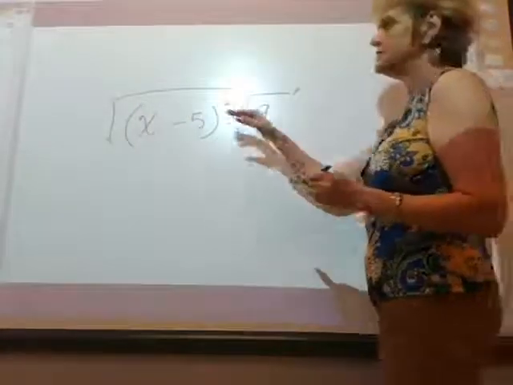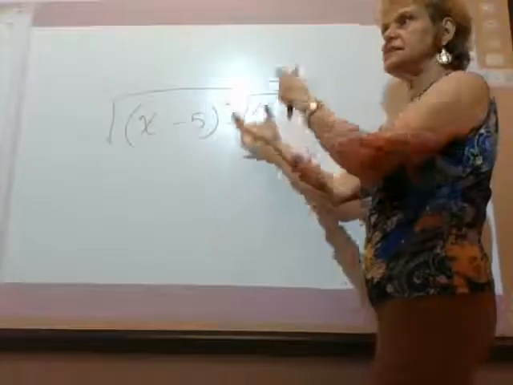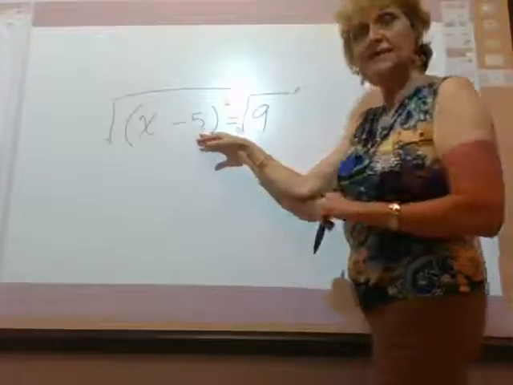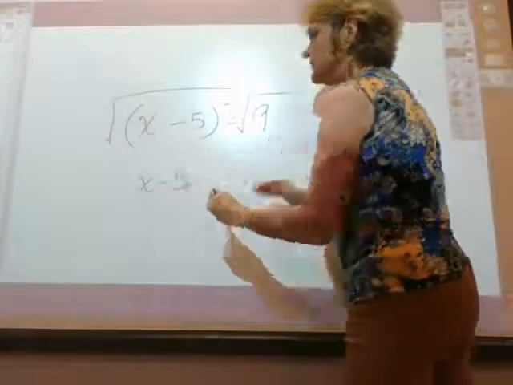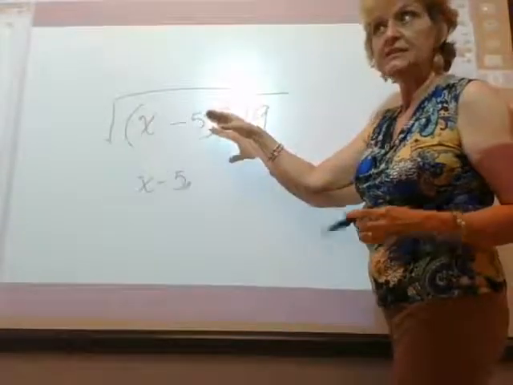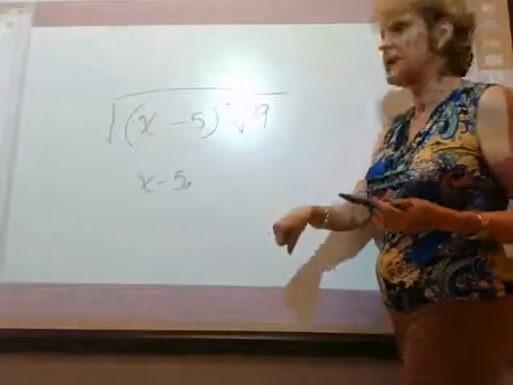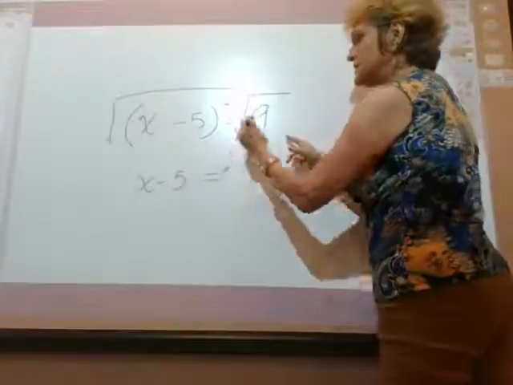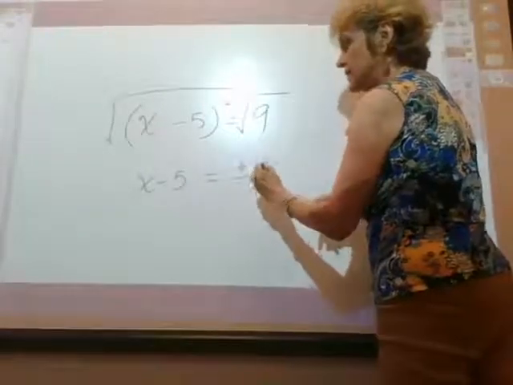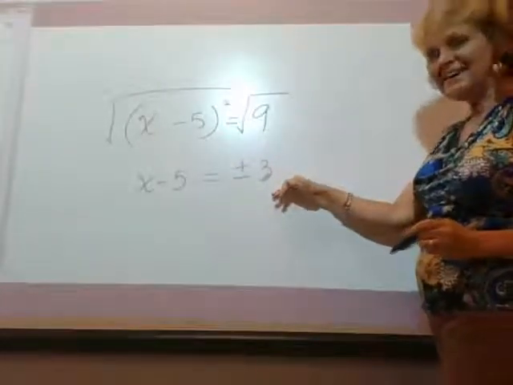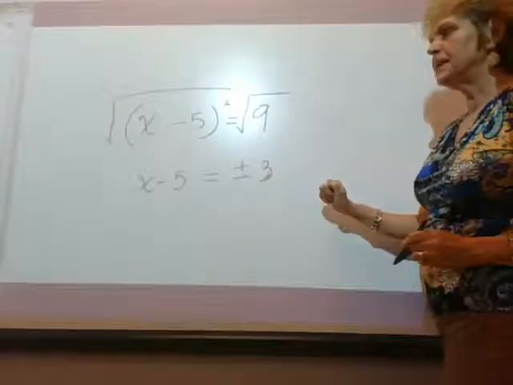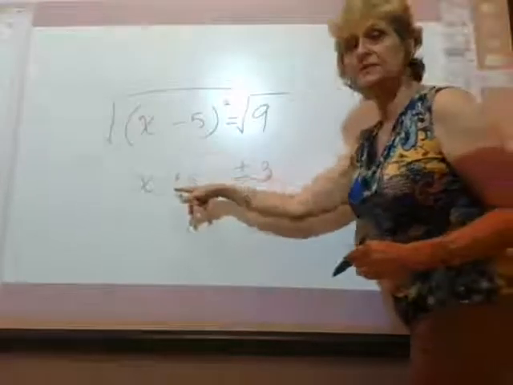If I have something squared and I take the square root, doesn't that radicand come out? Sure it does. Because if I have two factors of something and I take the square root, one of them comes out. All right, and then this is plus or minus 3, right? Square root of 9 could be a negative 3 or a positive 3. All right, so I don't want x minus 5, I just want x.